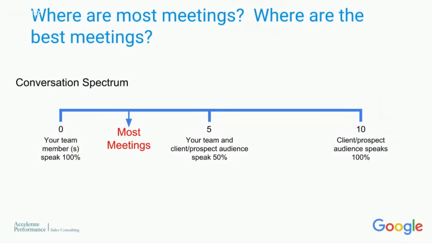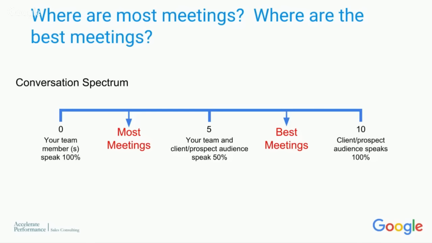It may not be exactly that 2.5, 3 area, but somewhere in there where we're talking 70, 80% of the time. And then if I were to ask you, where are your best meetings? The top 5 or 10% of those 1,000 meetings, where are they on this scale? Most of us tend to agree that the best meetings are somewhere down here on this scale, more in this 6 or 7 range. Again, there's a ton of variables here, but most of us agree with the general concept.